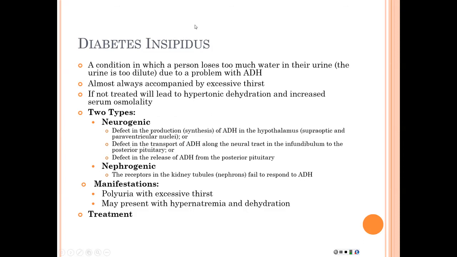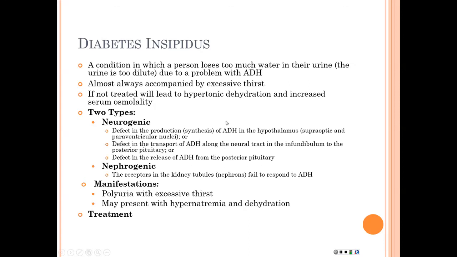So diabetes insipidus, which is in no way related to diabetes mellitus, it's not about glucose at all, is when a person loses too much water because of a problem with ADH. Really important to understand that with diabetes insipidus, there are two forms. Neurogenic is a problem with making ADH somewhere in the hypothalamus, or something with the posterior pituitary.